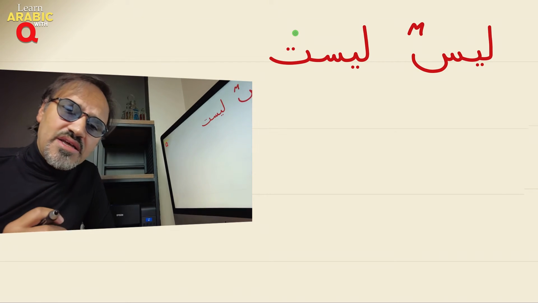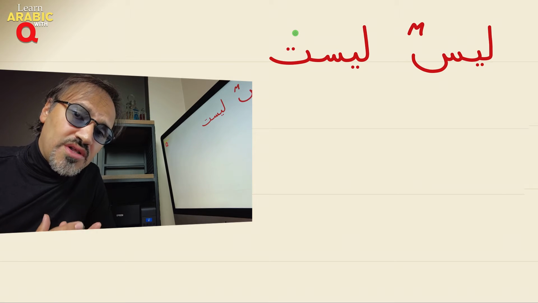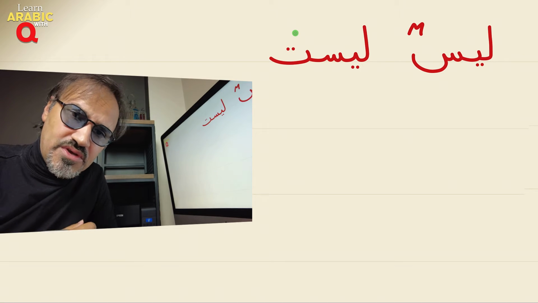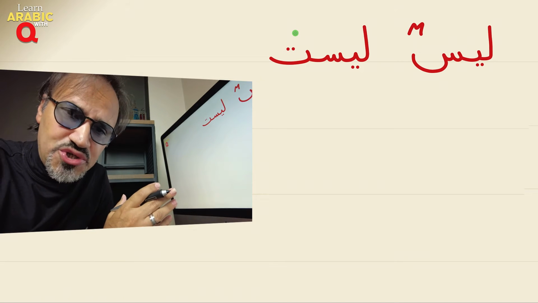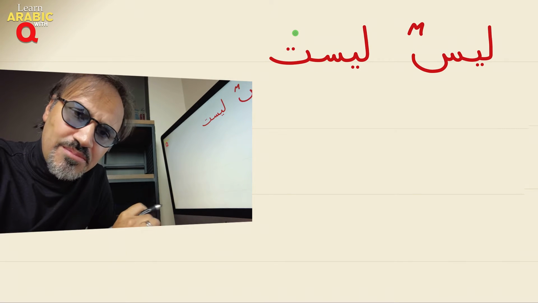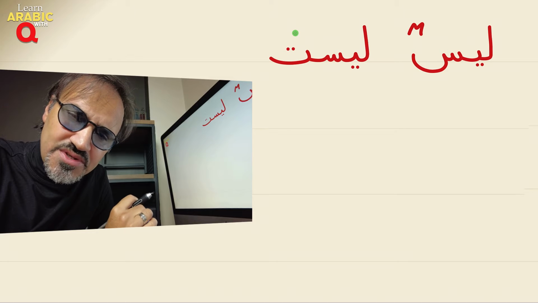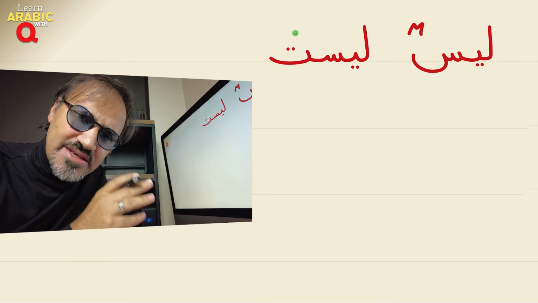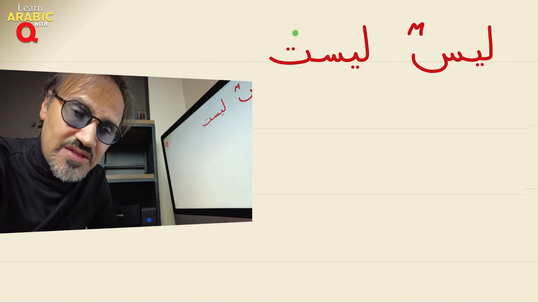Okay, after that we're going to learn how to say I'm not and you're not. It's a variation of the same letters, but it's going to be said a little bit differently with some minor additions. So let's start with the third person. هو ليس في البيت. He's not in the house.